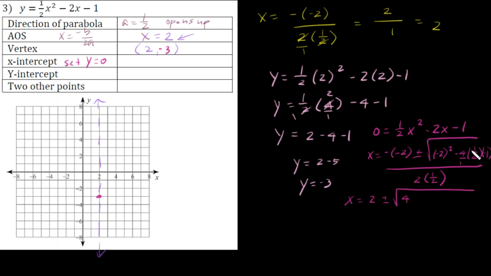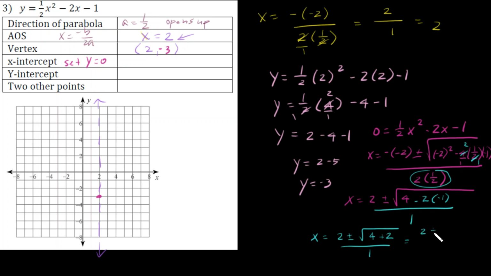We have a 4 over 1 that simplifies, negative 2 times negative 1. This right here simplifies as 1. So x equals 2 plus or minus square root of 4 plus 2 over 1.